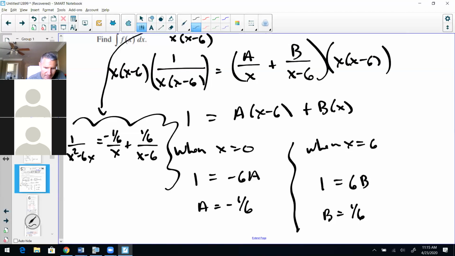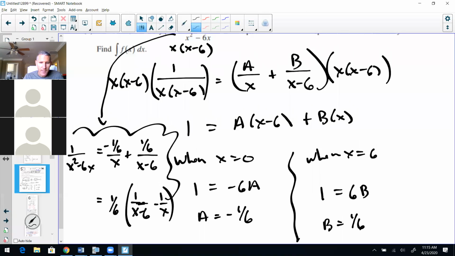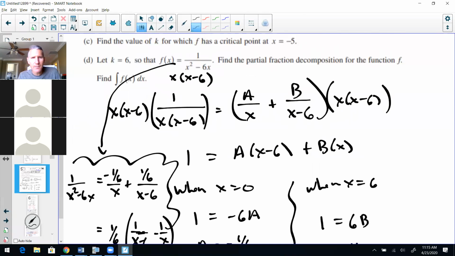The way I would say that is, maybe I'd factor out a 1/6, and I'd have 1 over x minus 6 minus 1 over x. I'd maybe treat it like that, okay? So this was finding the partial fraction decomposition. Did that make sense? Do you guys remember doing that? Maybe. I remember doing that. Cool.